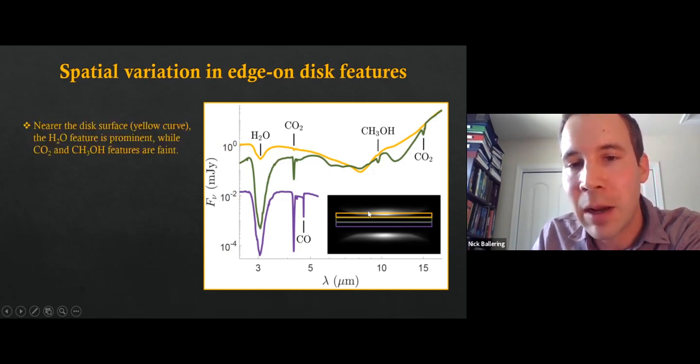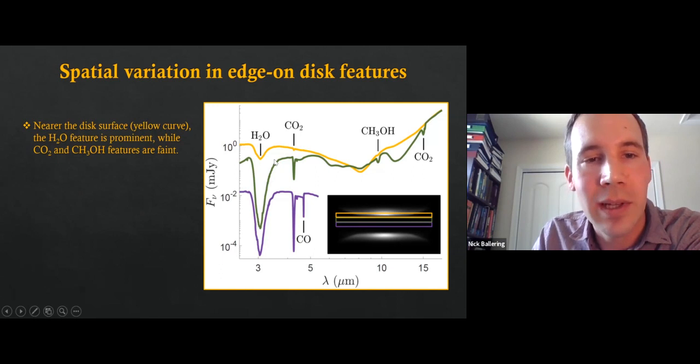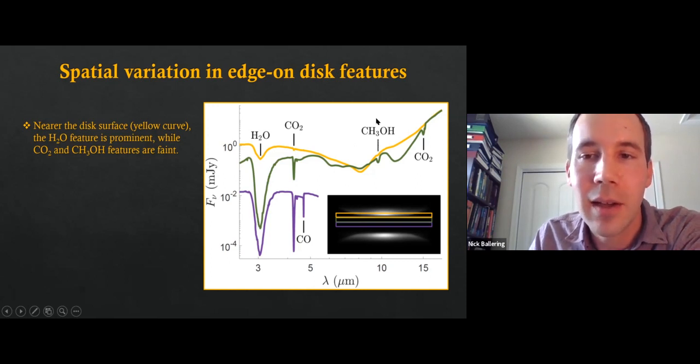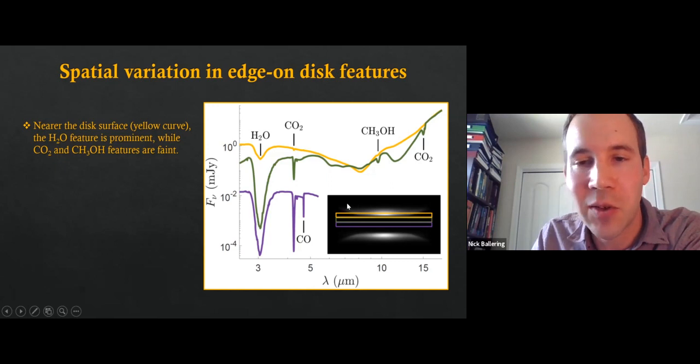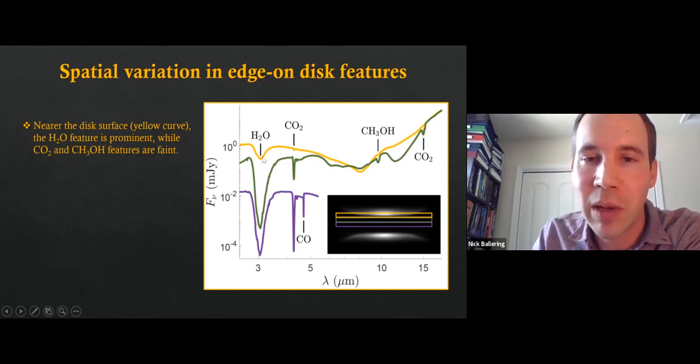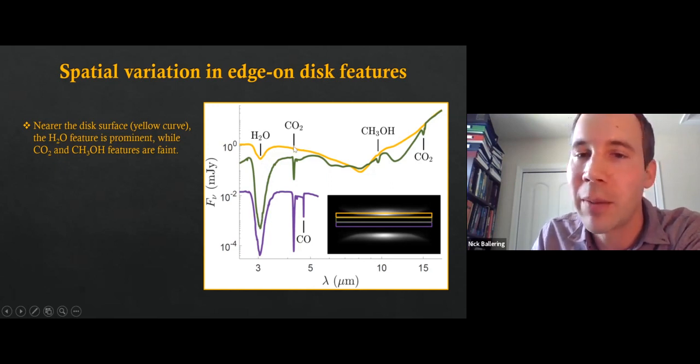A little bit higher up in the disk, this yellow curve, we can see a pretty prominent water ice feature, as well as weak CO2 and methane features. If we move our aperture down a bit, closer to the midplane, the features get much more prominent. H2O gets more prominent, CO2, methanol.